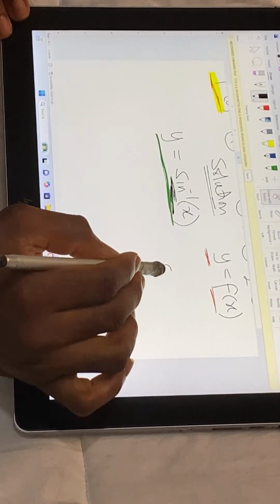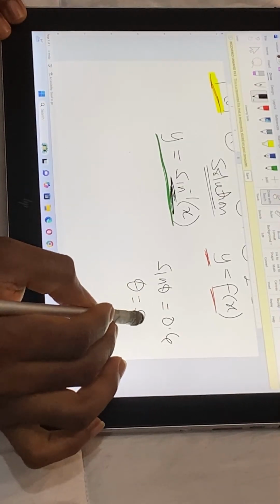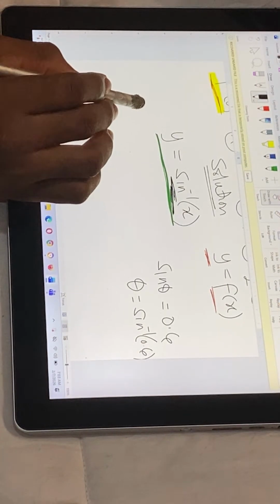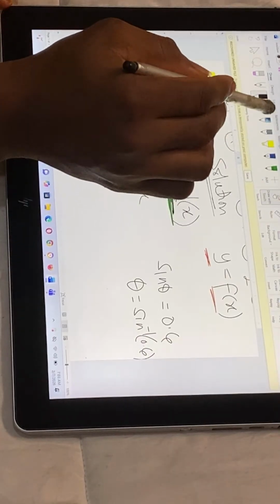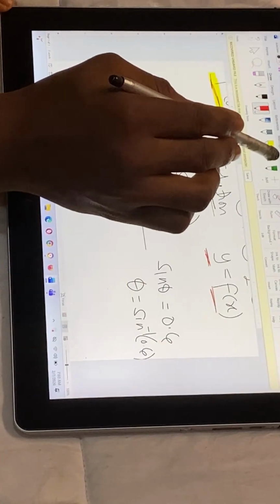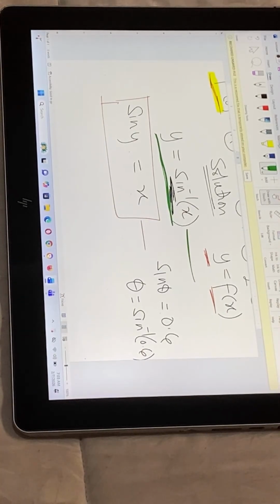Remember, if I have this to be sine theta, the first expression and the second expression are the same.